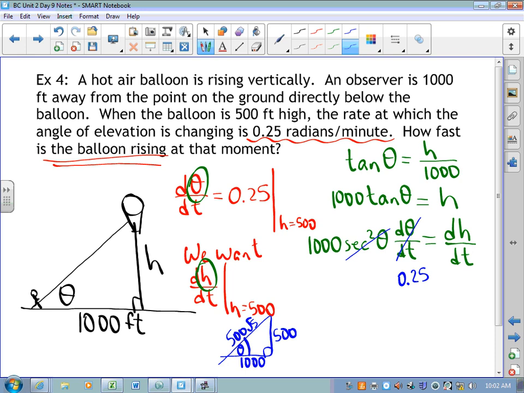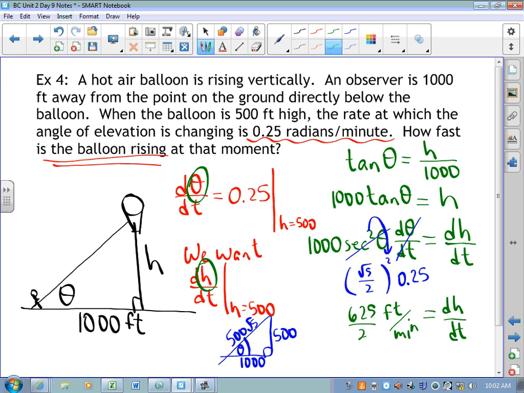So that's 500 radical 5 on the hypotenuse. So secant is hypotenuse over adjacent. Hypotenuse over adjacent is radical 5 over 2, and we square that because that's squared. So what does that turn out to be? Turns out to be 625 halves feet per minute.